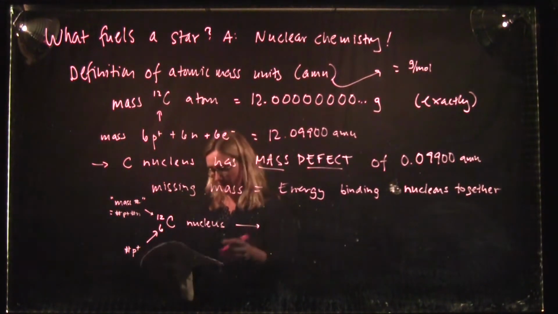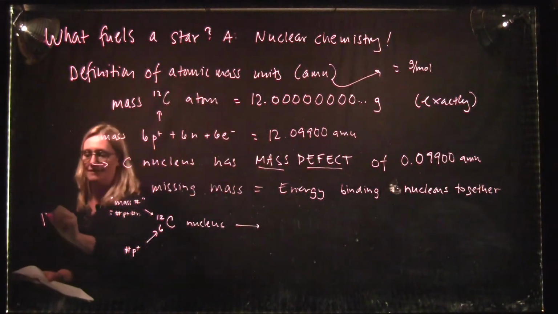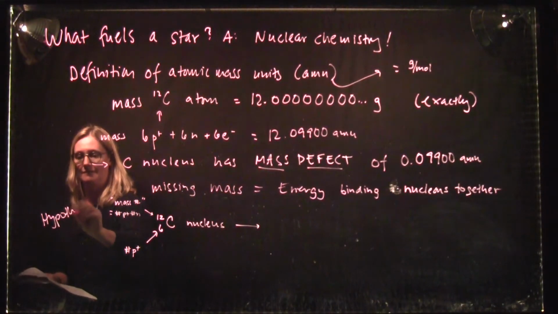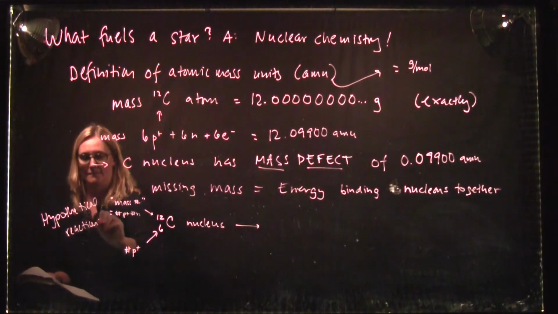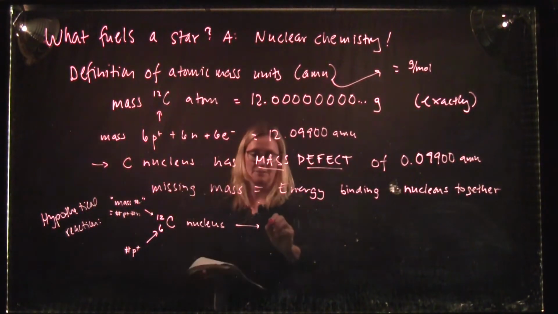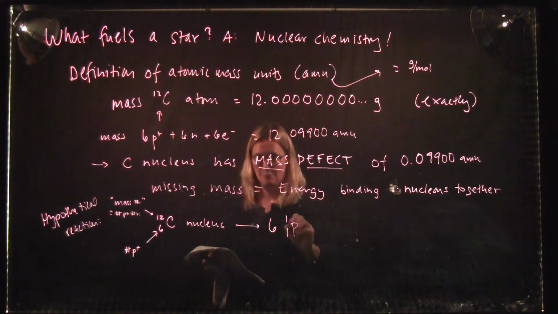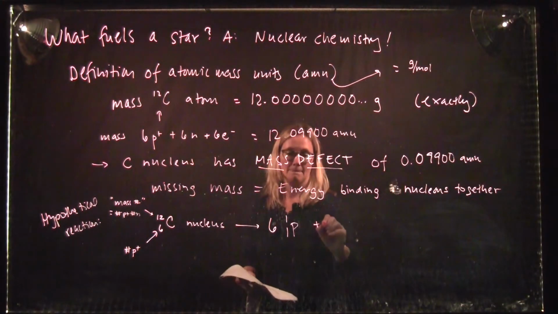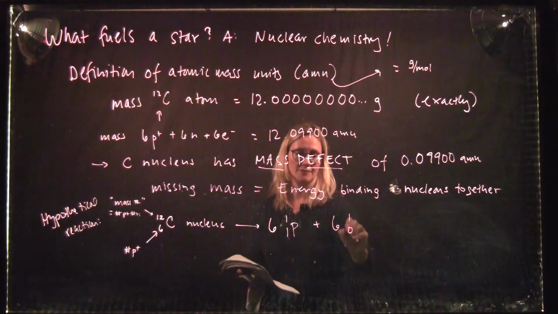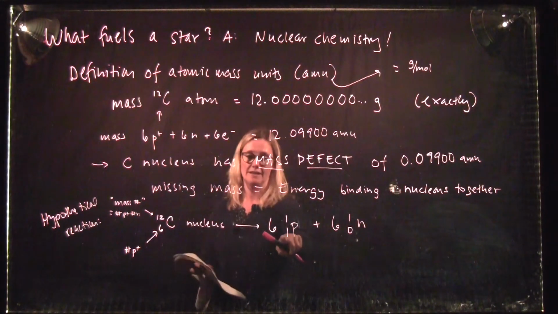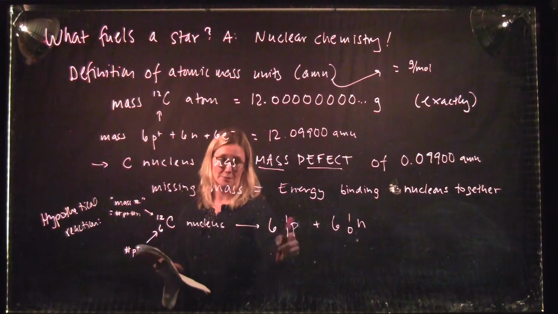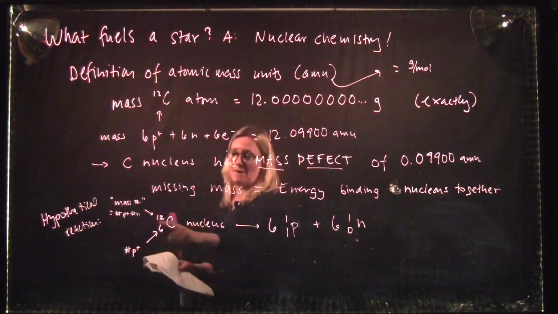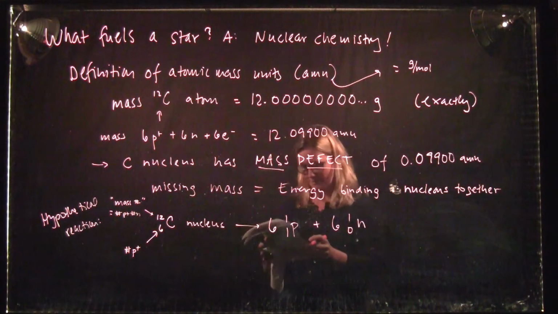So we imagine the hypothetical. This is a hypothetical reaction, breaking up into 6 protons and 6 neutrons. I'm using the same notation here to say I've got the number of protons in the subscript, so there's 1 in a proton and 0 in a neutron, and the mass number as the superscript.